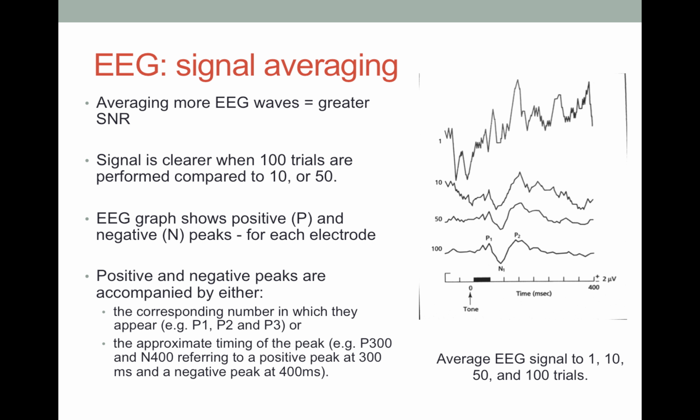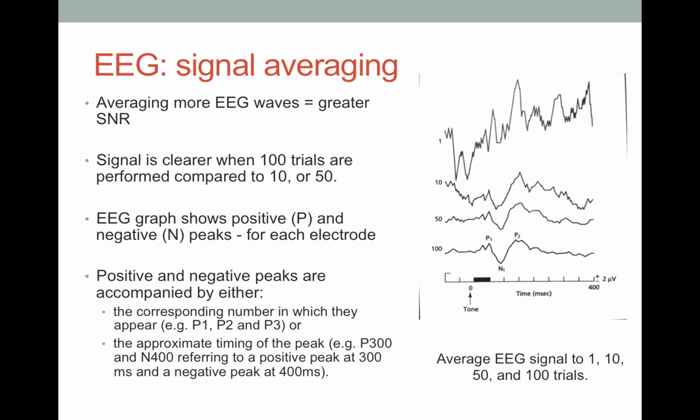The positive and negative peaks are labelled P and N and are accompanied by either the corresponding number in which they appear, for example P1, P2 and P3, referring to the first, second and third peaks, or they can be labelled with P and N and the approximate timing of the peak, for example P300 and N400, and these refer to a positive peak at 300 milliseconds and a negative peak at 400 milliseconds.